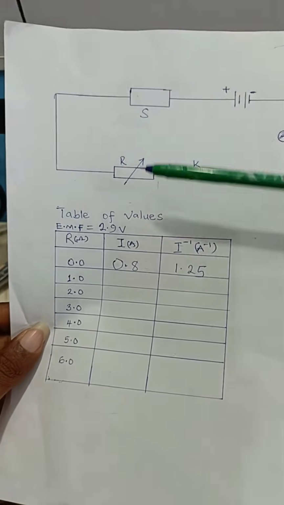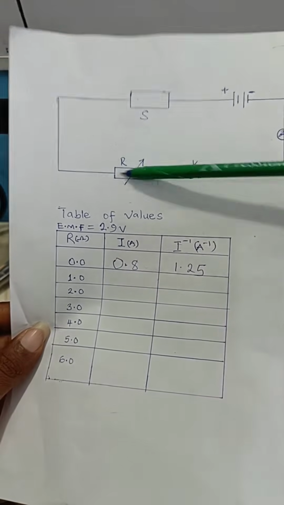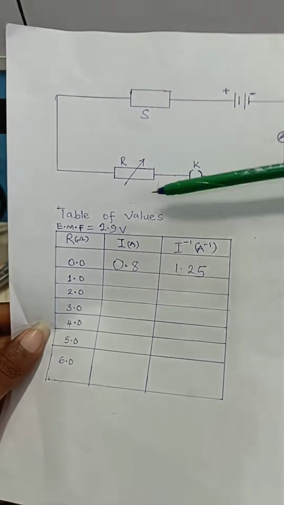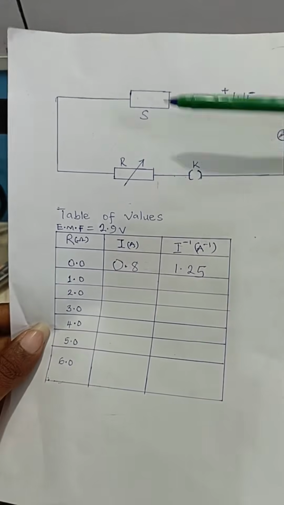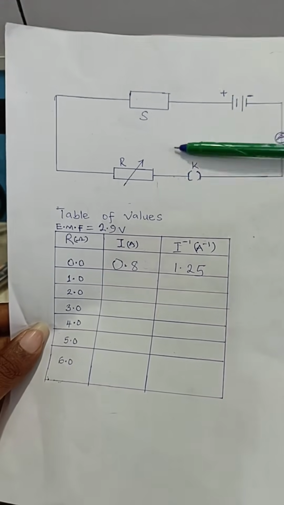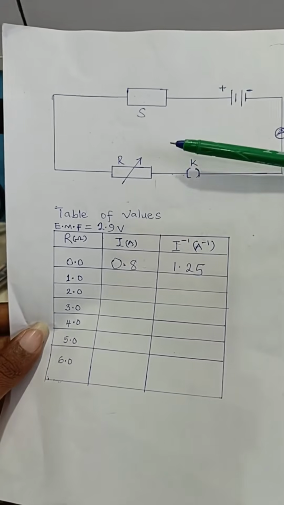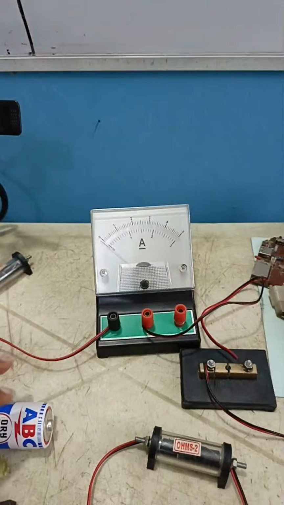What I'm trying to say is that whatever value of resistance you activate in the resistance box will be added to this standard resistor to increase the value of the resistance in the circuit. And when resistance in the circuit increases, what will be the effect on current? Current will decrease because according to Ohm's law, current and resistance are inversely proportional.